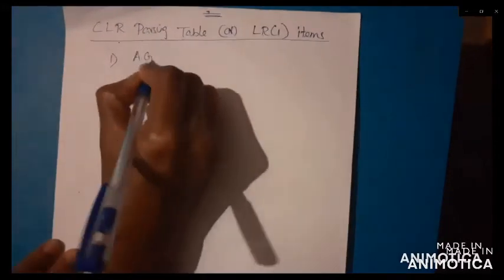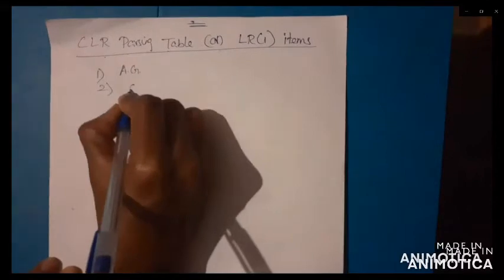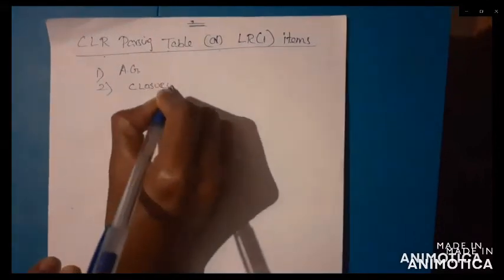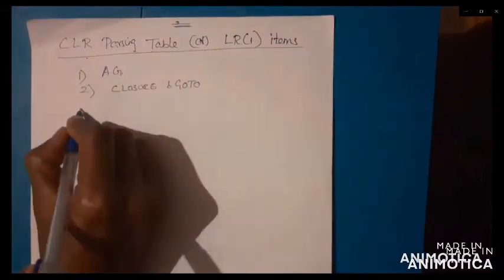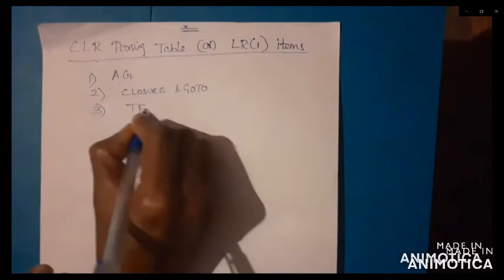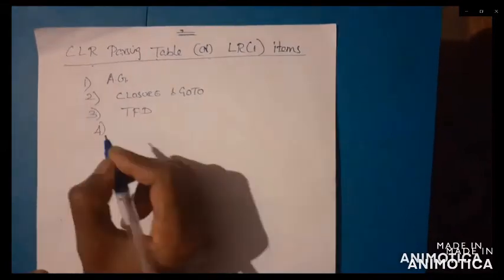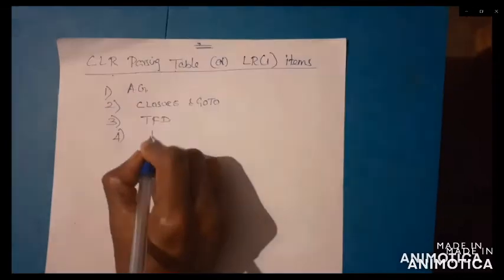First, the augmented grammar. Second, check the closure function and the goto function. Third, check the transition flow diagram. Then fourth, do the parsing table construction.